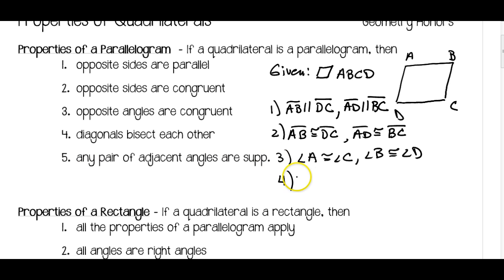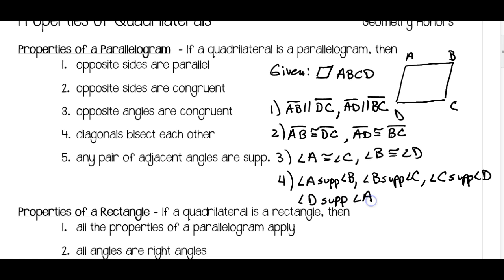So this is going to be 4 separate things. I would know that angle A is supplementary to angle B, and angle B is supplementary to angle C, and angle C is supplementary to angle D, and then lastly angle D is supplementary to angle A. So we know all of these things are true.